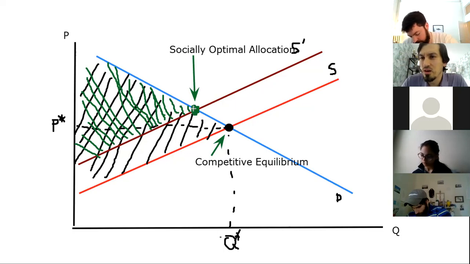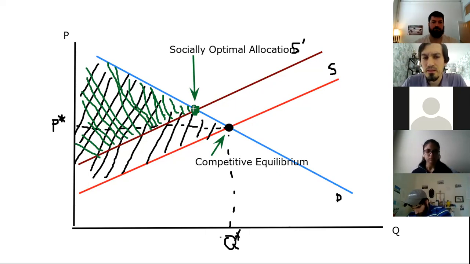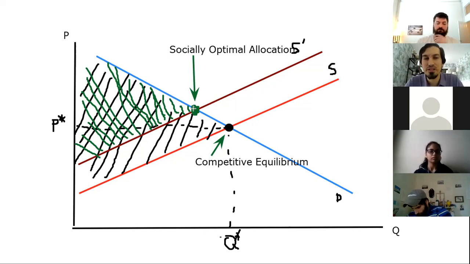That's not the only way to internalize an externality. There are some other ways, but I think that's the easiest way to understand and at least to draw, even though I didn't draw it with all my squiggly lines here. Do you guys have any other questions about what I've drawn?